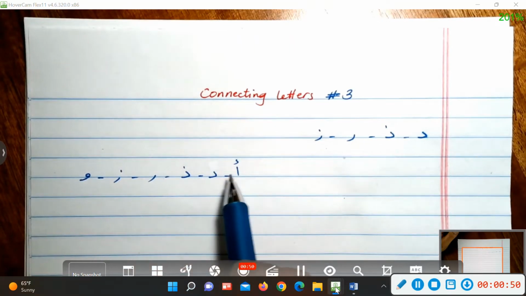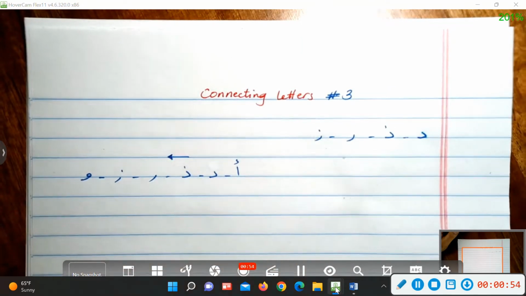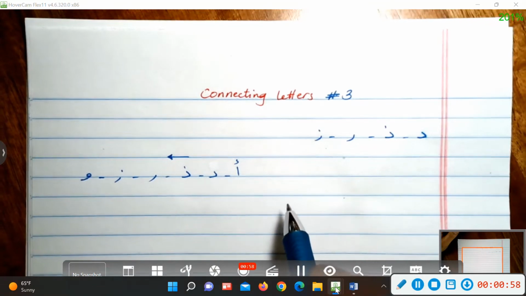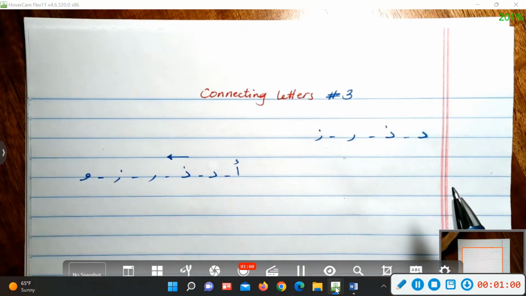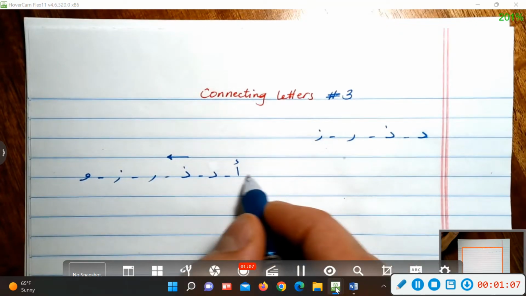These letters don't connect from the left side. They cannot connect to the next letter. However, they connect like every other letter from the right side, from here, from the back.